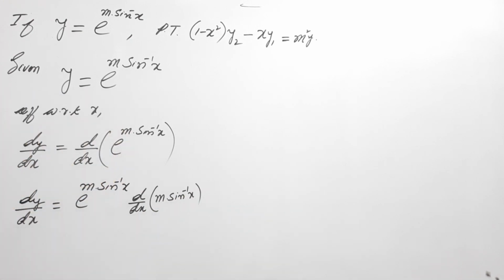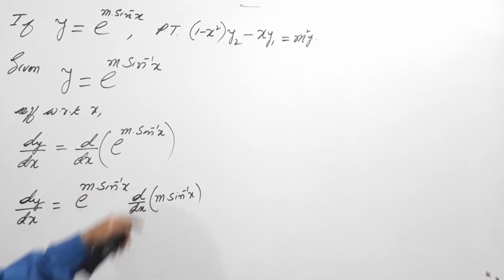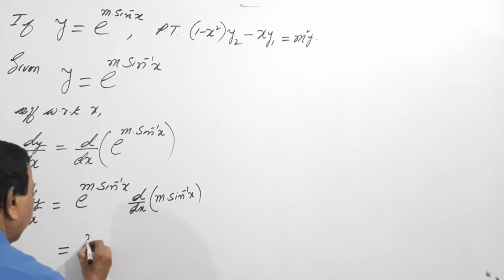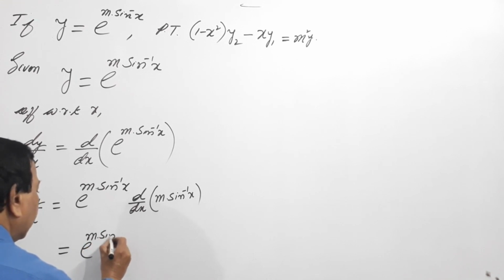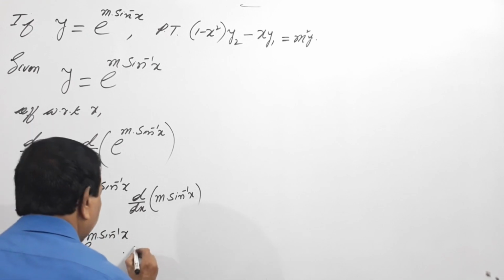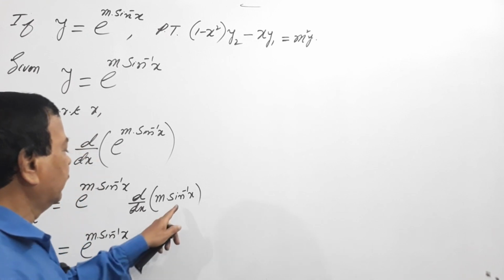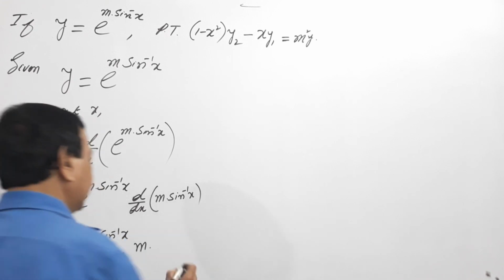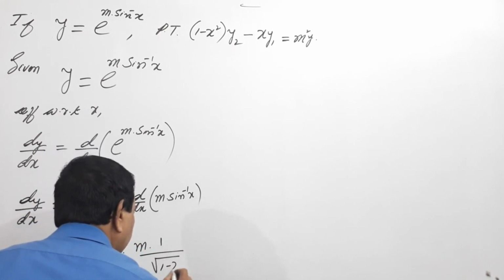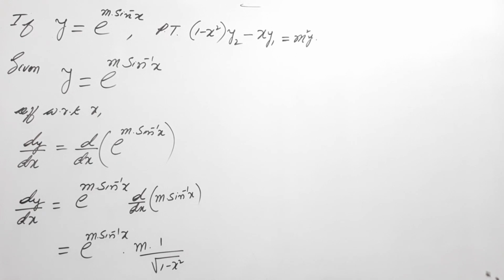I'll write that also, because some students may not. So you have to differentiate this also. This becomes e to the power of m sin inverse x into m into d by dx of sin inverse x, which is 1 by under the root 1 minus x square.